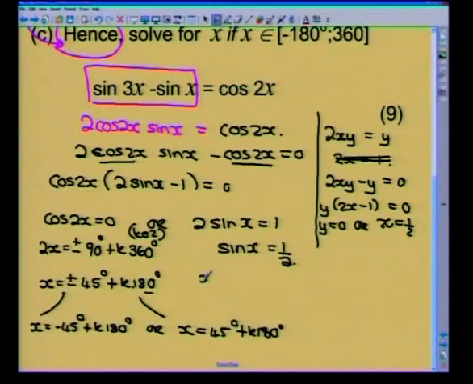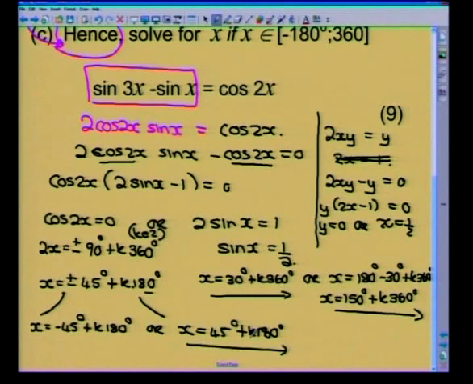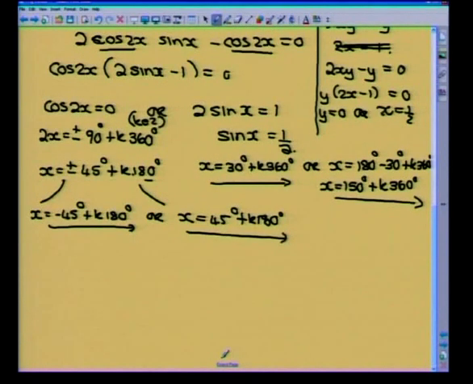And so I know that x is equal to 30 degrees plus k 360, or x equals 180 minus 30 plus k 360, and therefore x is equal to 150 degrees plus k 360. And you would now have what we call your general solution. I have stipulated this here, so it's actually fine. It will cover me there. And so all is well and the question is now at an end.